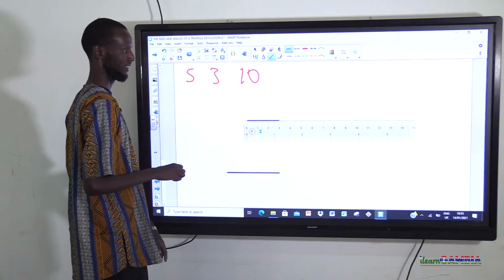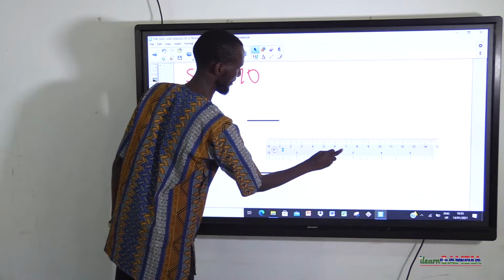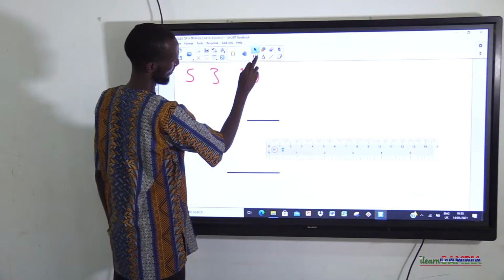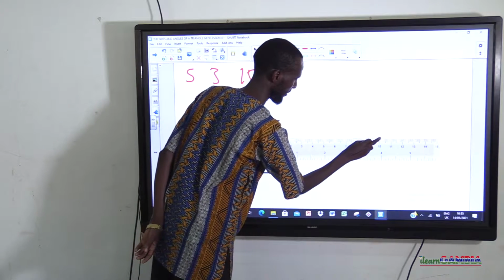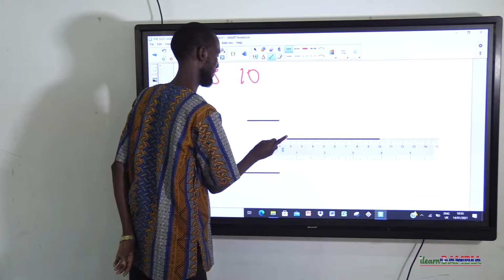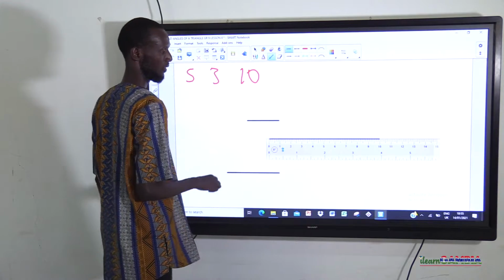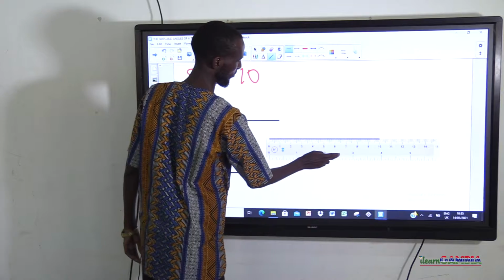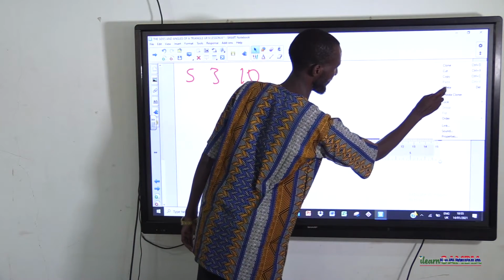That's 3 centimeters. And still I need the longest side, that is the 10 centimeters. 10 centimeters would be somewhere here, yes. Good. So now we have got our 3 lines.